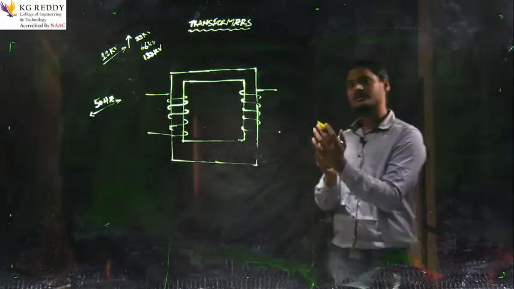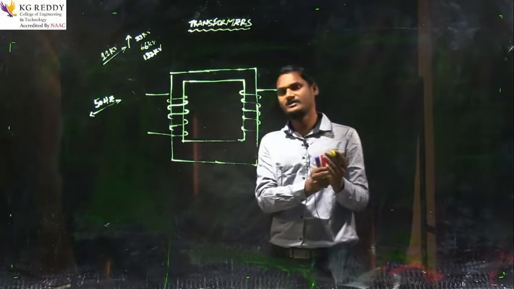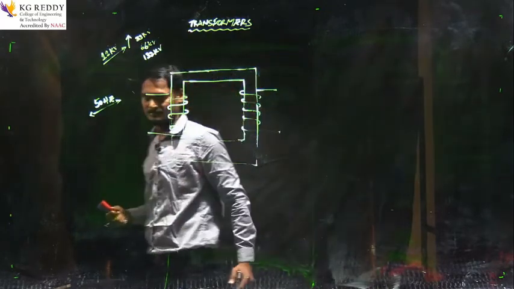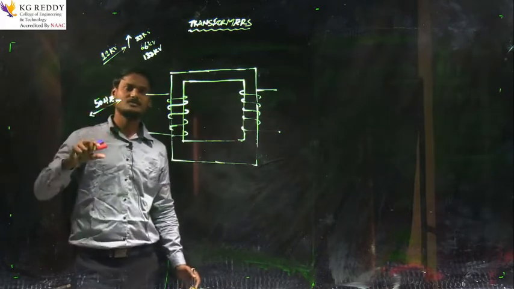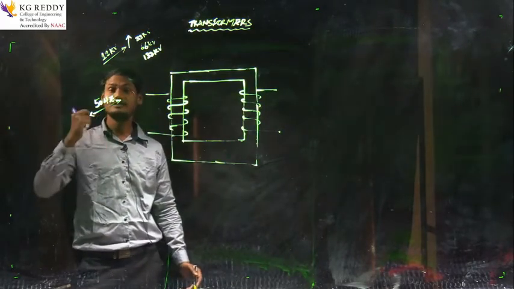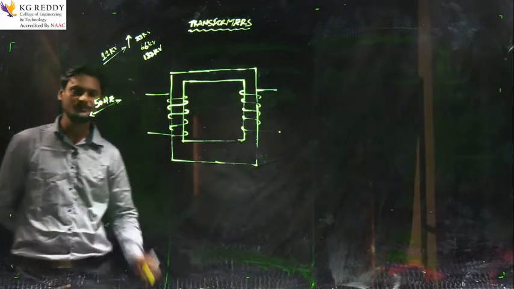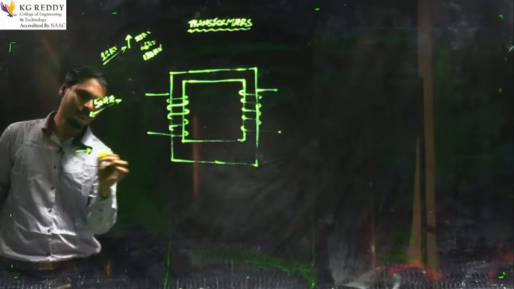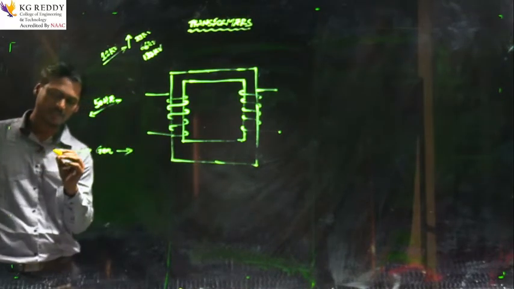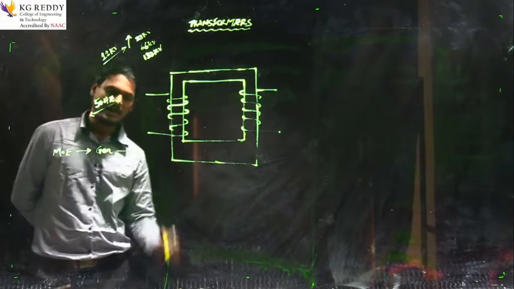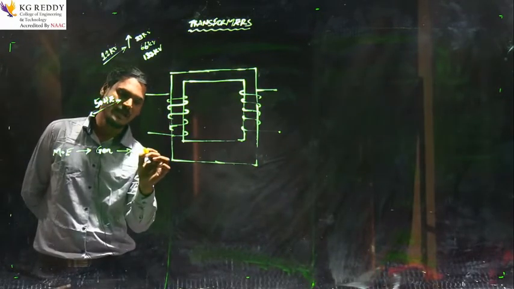So energy cannot be converted, and we use some electromechanical conversion techniques in the generators and motors. In the generator, the input will be the mechanical energy, and the output will be the electrical energy.